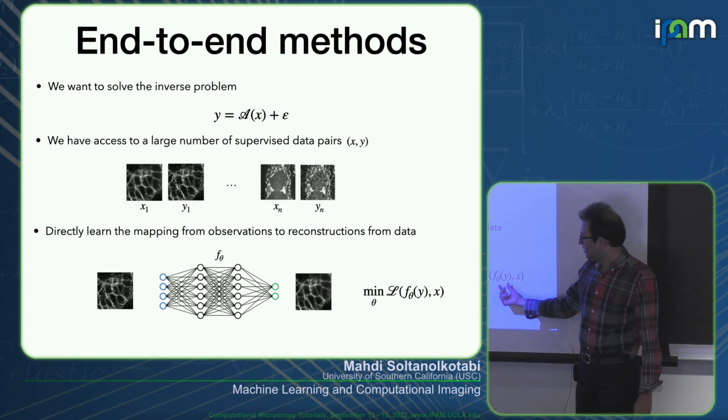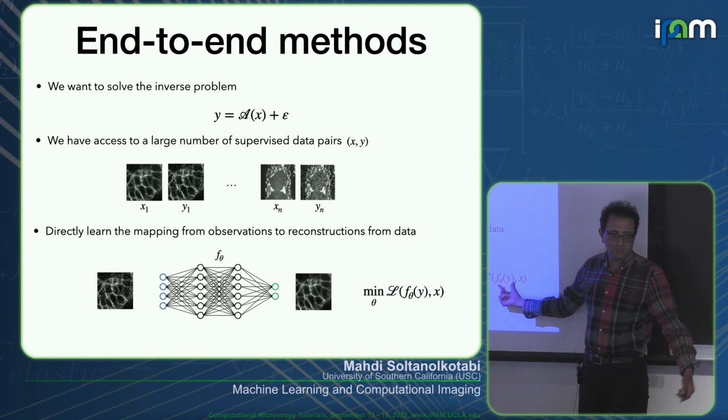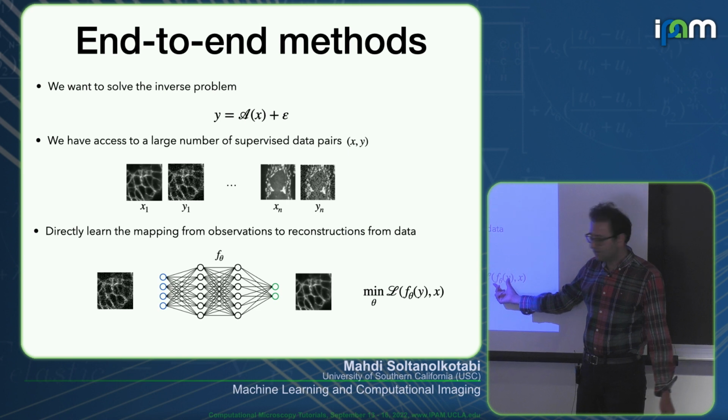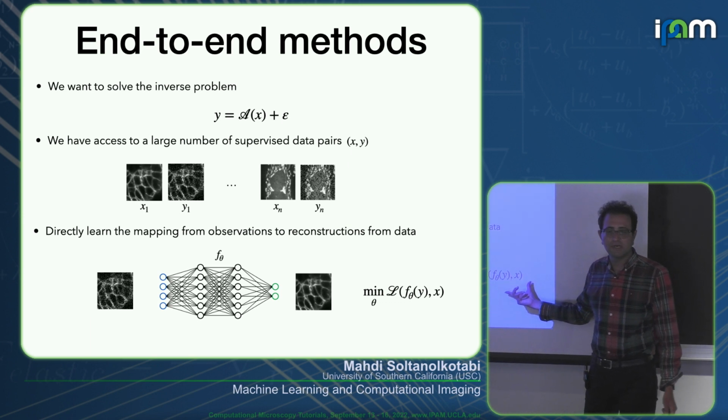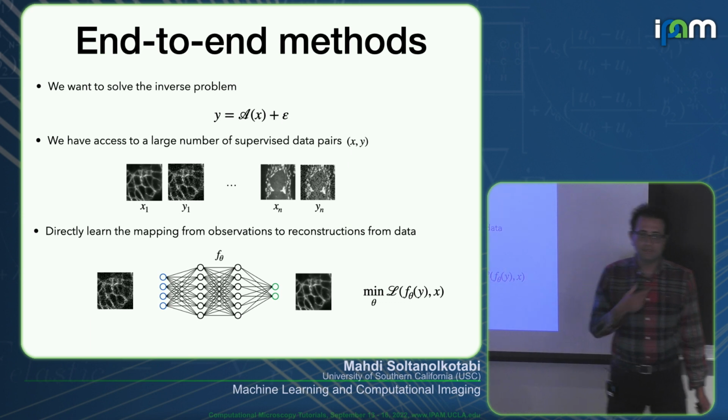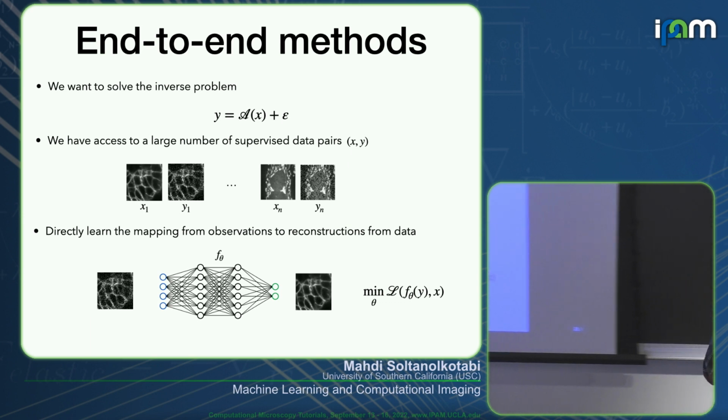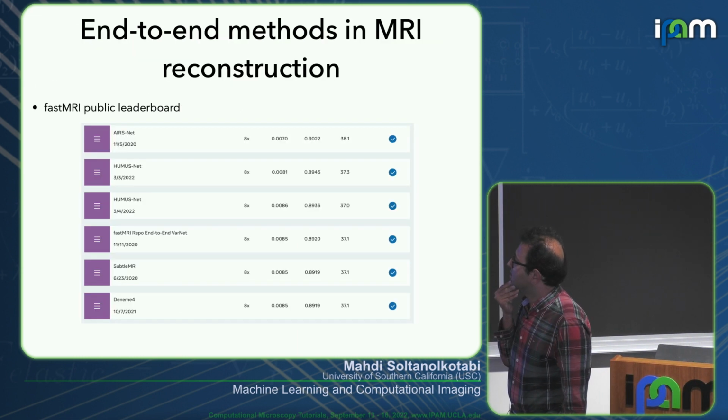So usually you go from the response or the output measurement, whatever you want to call it, you pass it through a neural network, and you make it consistent empirically across all your training data with the corresponding ground truth, right? It's really that kind of formulation. So these are end-to-end methods.